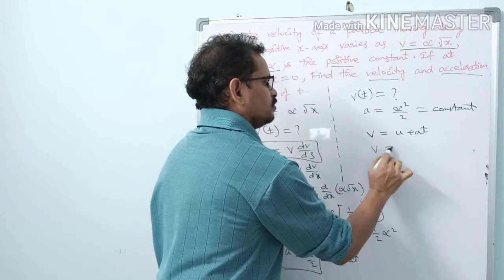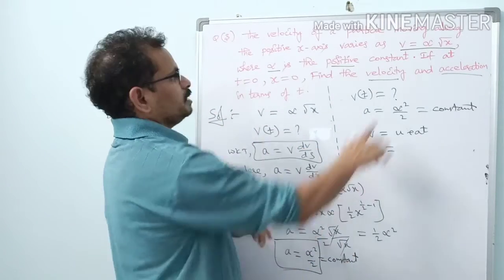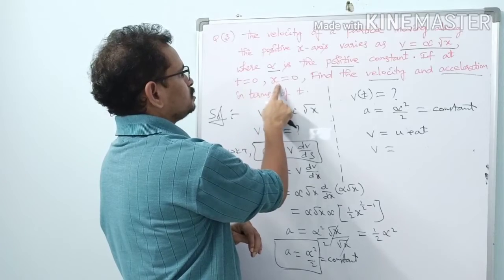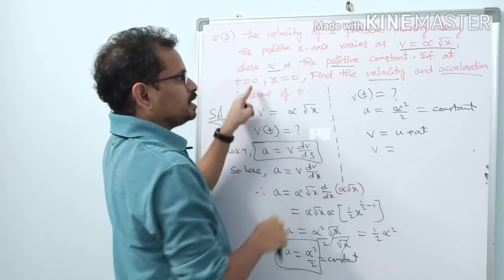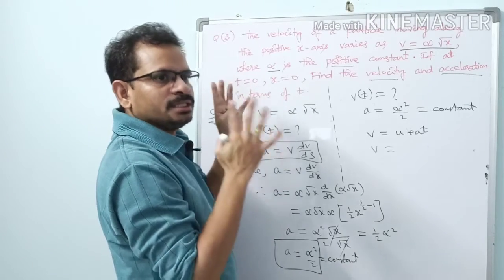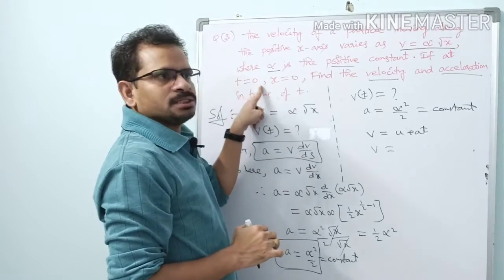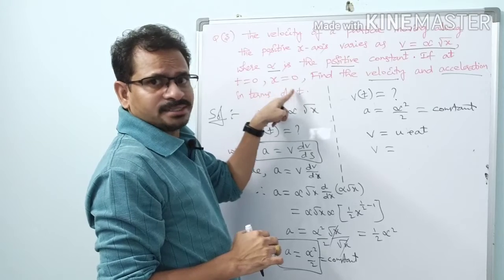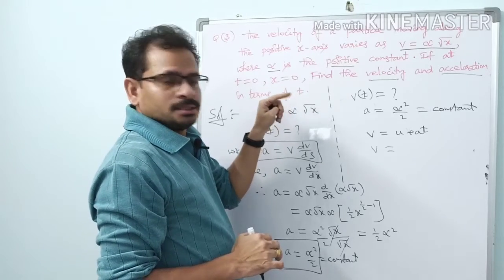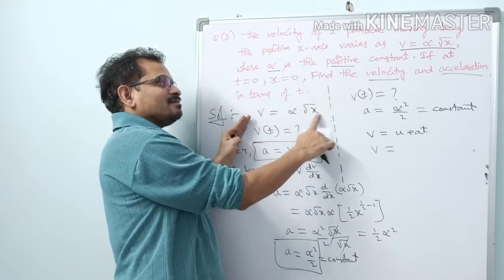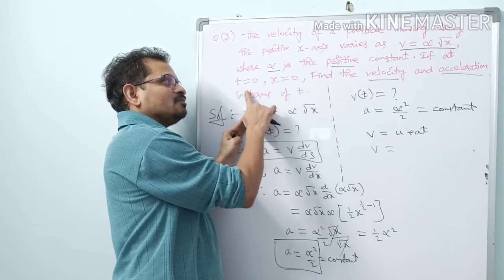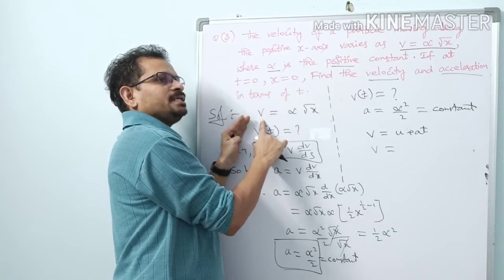So v equal to, what is the initial velocity? At t equal to 0, x equal to 0. So t equal to 0 means it is the starting time of the journey. So at t equal to 0, what is the displacement? x equal to 0. So what is the initial velocity? When t equal to 0, velocity is the initial velocity.